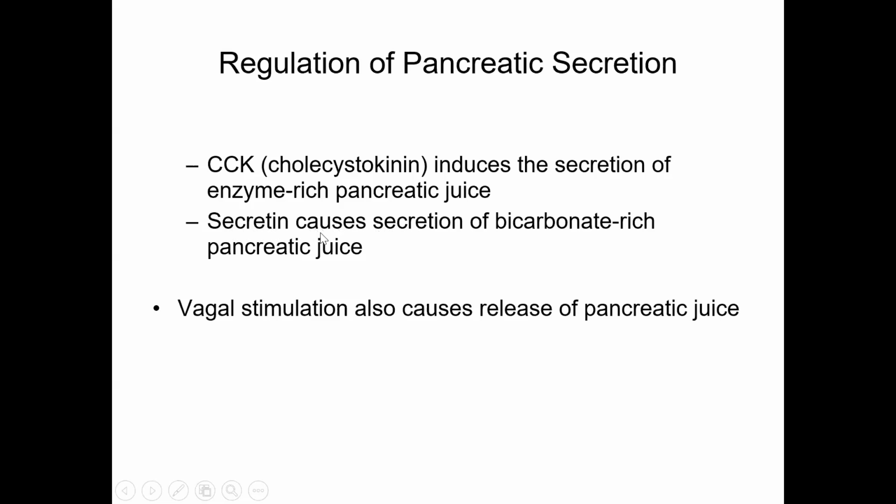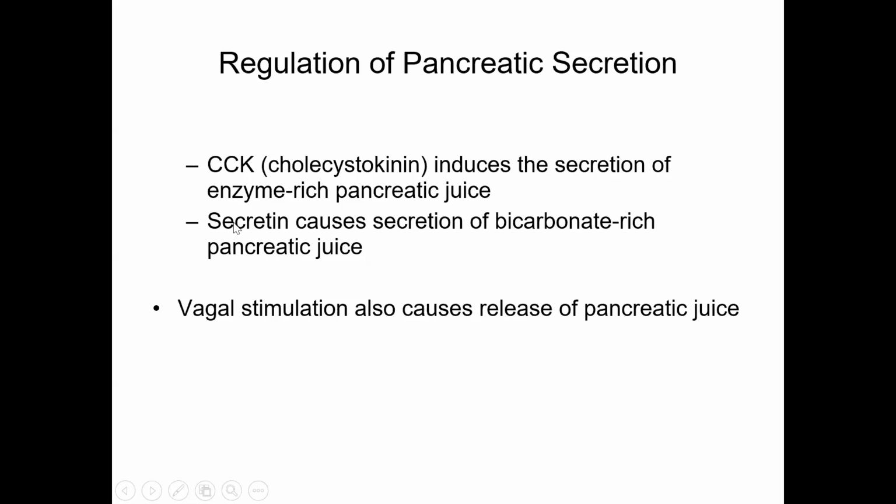So, for example, if the gastric juice is very acidic, pH is very, very low, that is the signal to trigger the secretion of secretin, which is the hormone that will stimulate the pancreas to release more bicarbonate ions. These bicarbonate ions will be released into the small intestine to neutralize the pH. Let me just say it one more time.